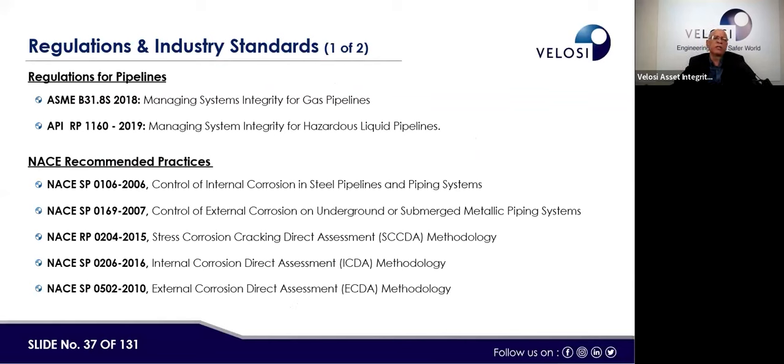API 1160 is for liquid-carrying pipelines, and ASME B31.8S is related to the integrity management system of gas pipelines. The elements and mechanism of both standards are more or less the same. Both are American standards. The first one, ASME, is from the American Society of Mechanical Engineers, whereas the other one is an American Petroleum Institute standard. So both standards complement each other.